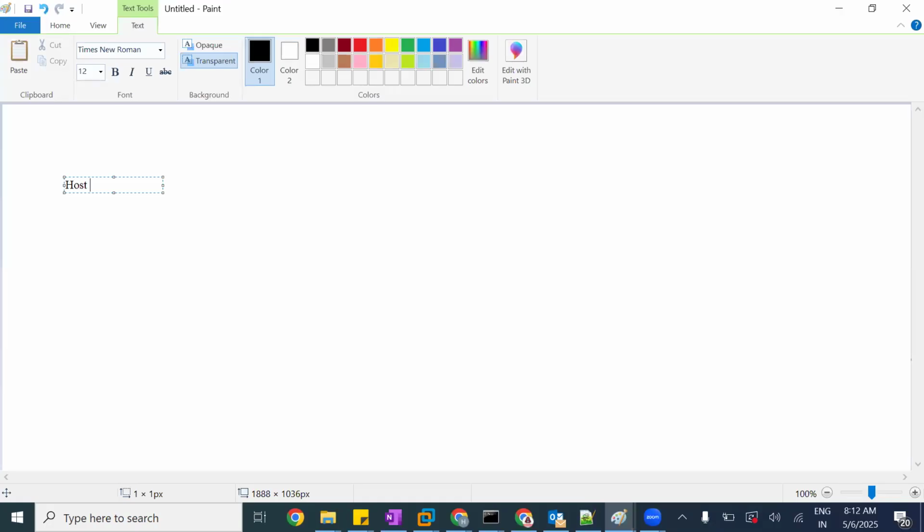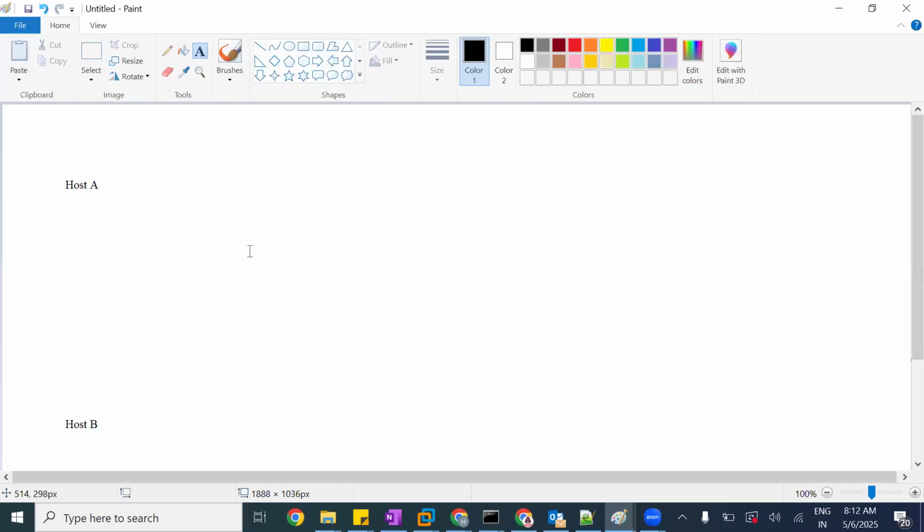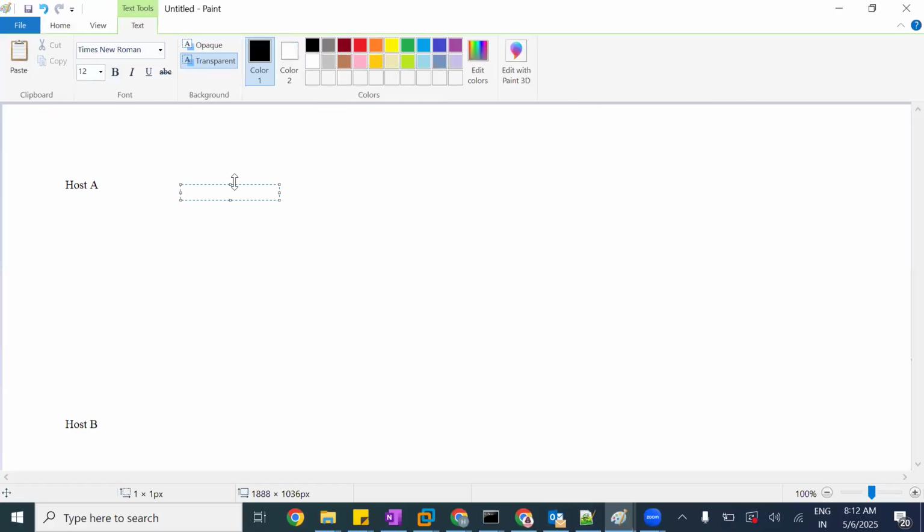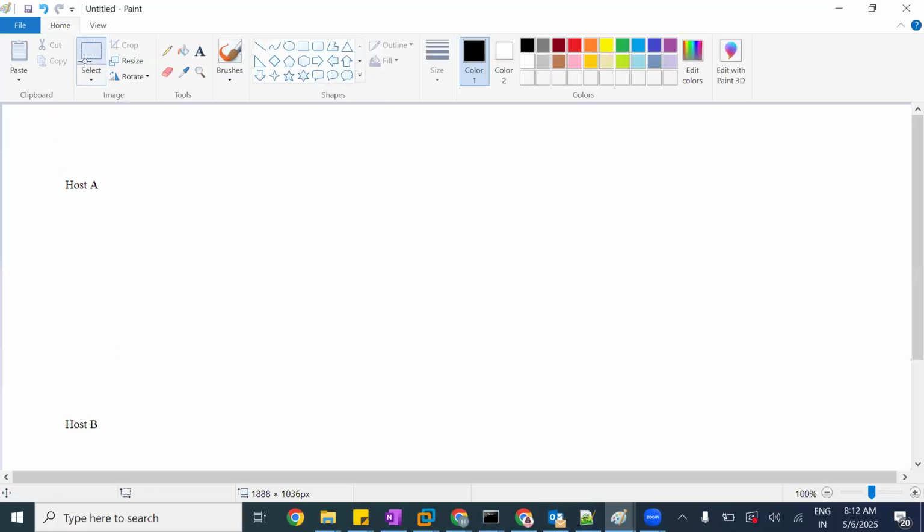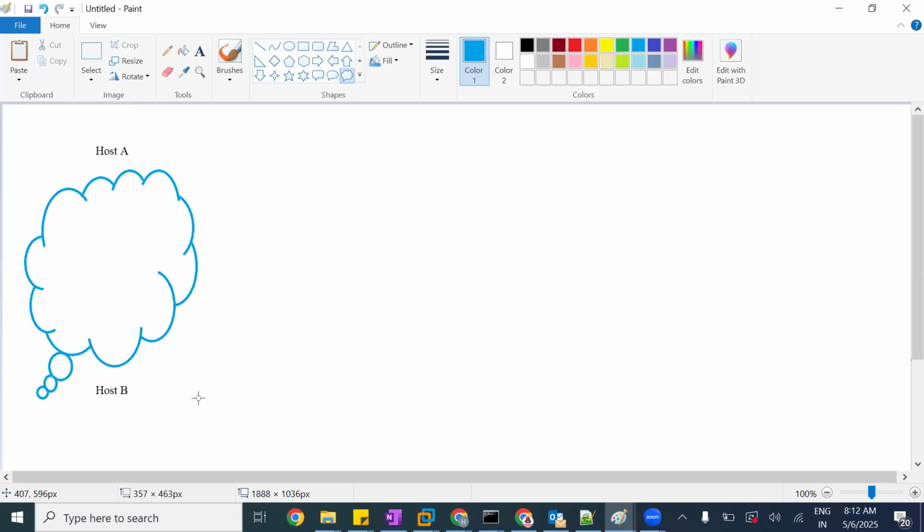We have host A and host B. Two users are there, host A and host B. In between them, there is an internet, right? Through the internet only they can communicate. They cannot communicate without the internet.